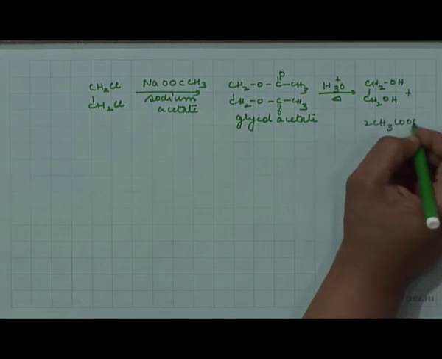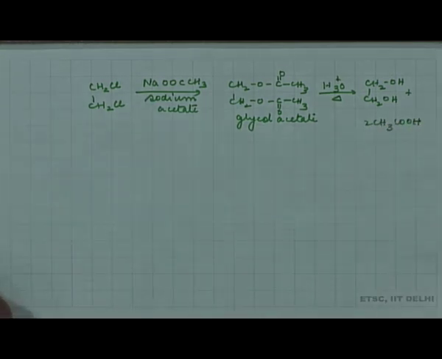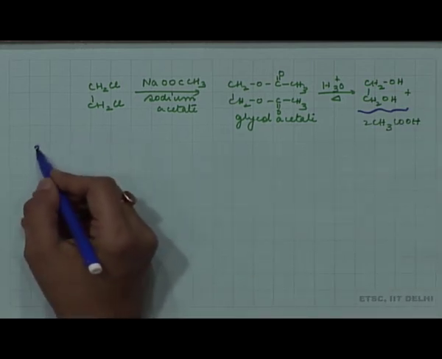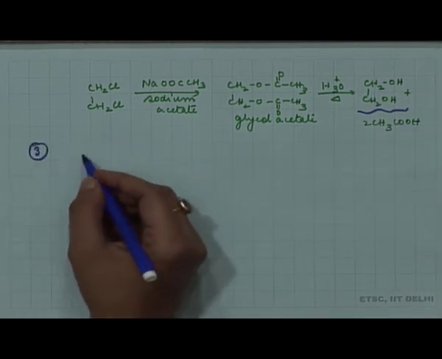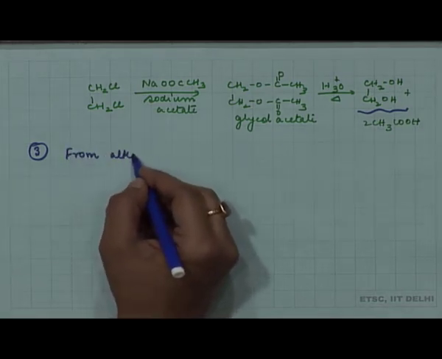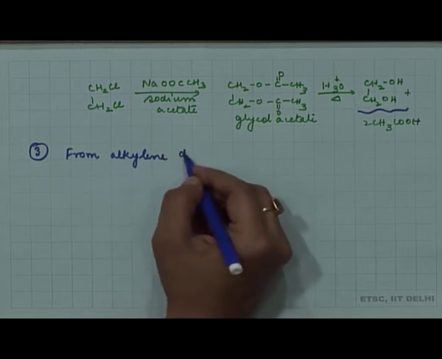So, this is an improved version of the hydrolysis of the dihalides for obtaining these 1,2-diols.